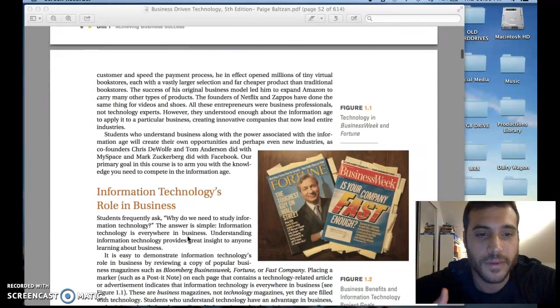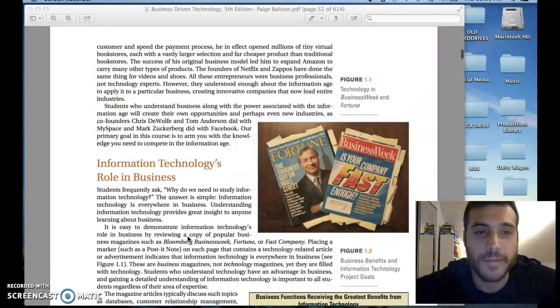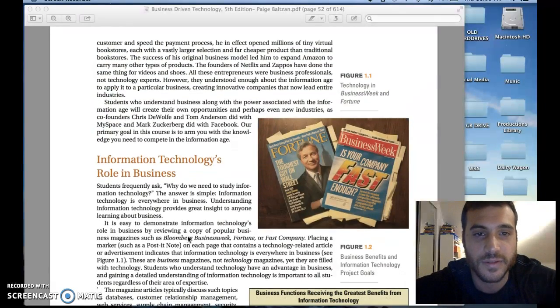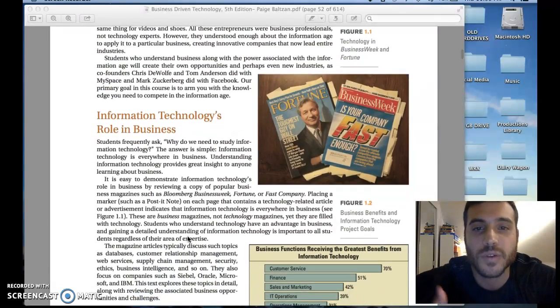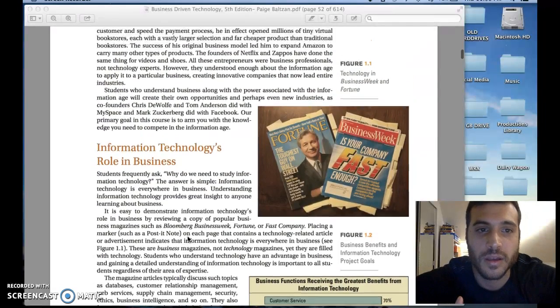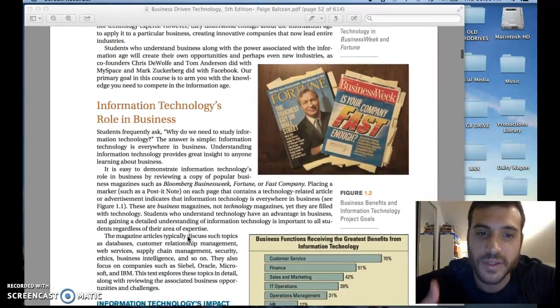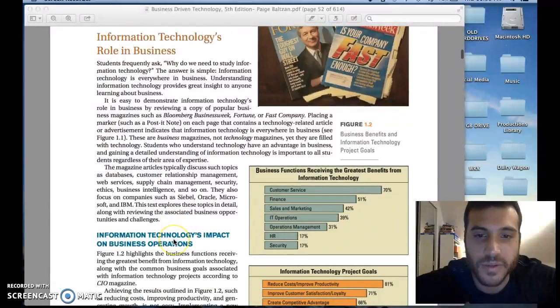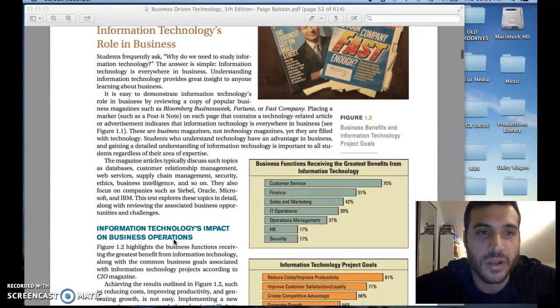And the reason why it mentions Amazon, it says it's one of a few startups, and you know Amazon used information technology to be so successful and to innovate, and that's the reason why we study information technology.